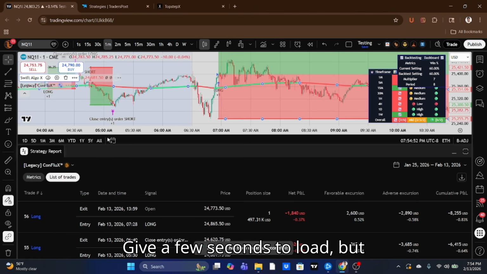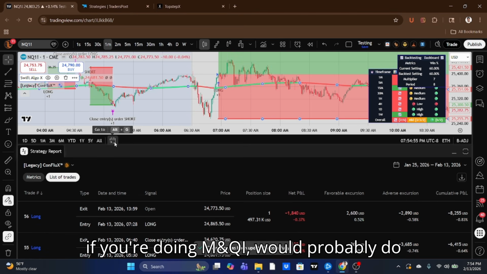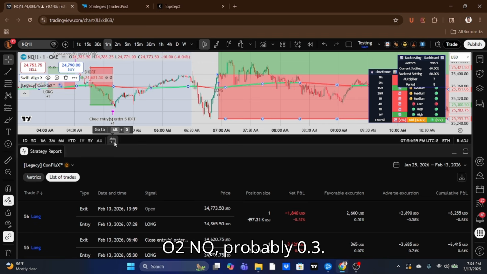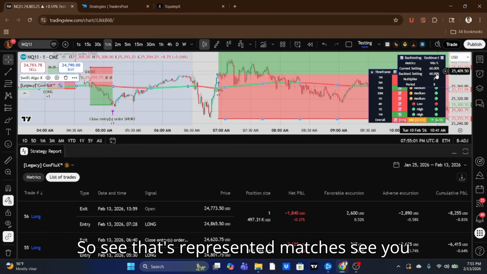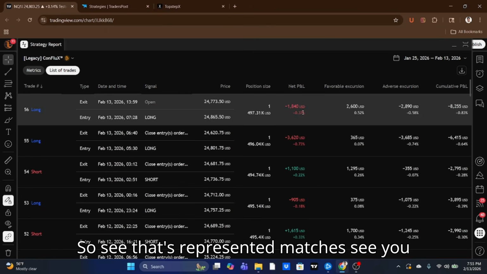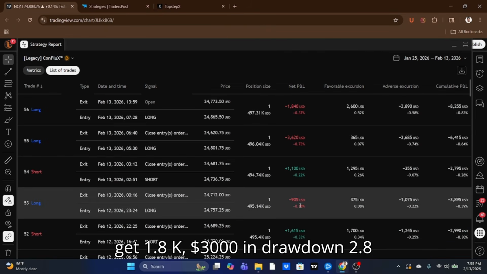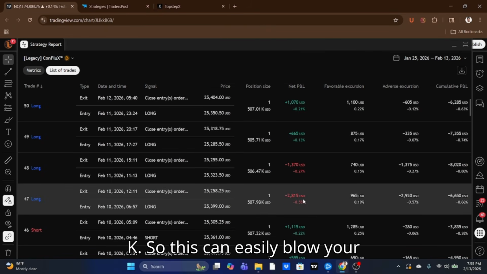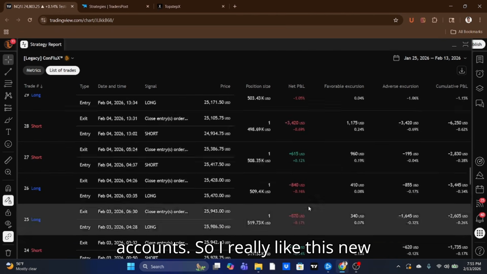Give it a few seconds to load. But if you're doing MNQ, I would probably do 0.2, NQ probably 0.3. So see, that's where the percentage matches. See, you get 1.8K, $3,000 in drawdown, 2.8K. So this can easily blow your accounts.